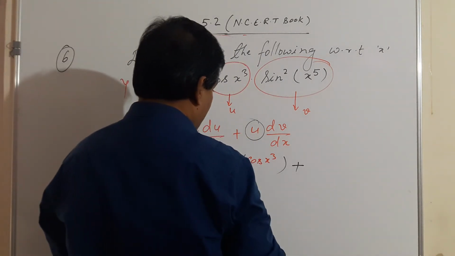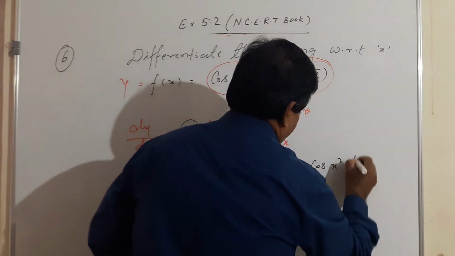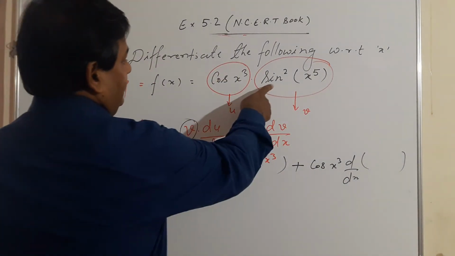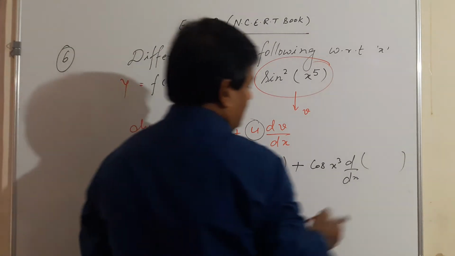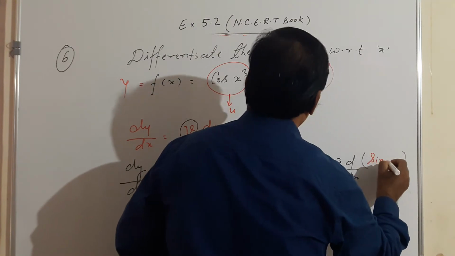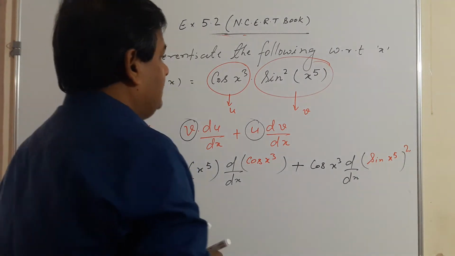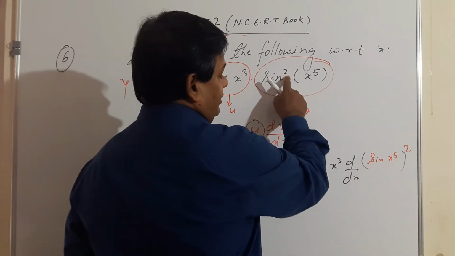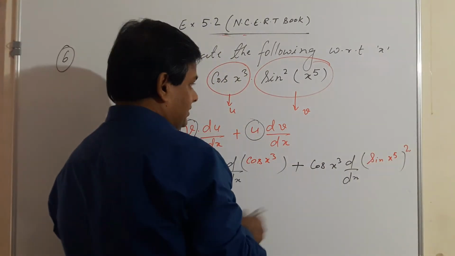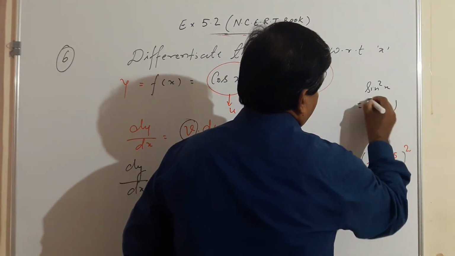So now differentiation of v. What is your v? V is sine square x raised to the power 5. We can write it like this: sine x raised to the power 5, whole square.